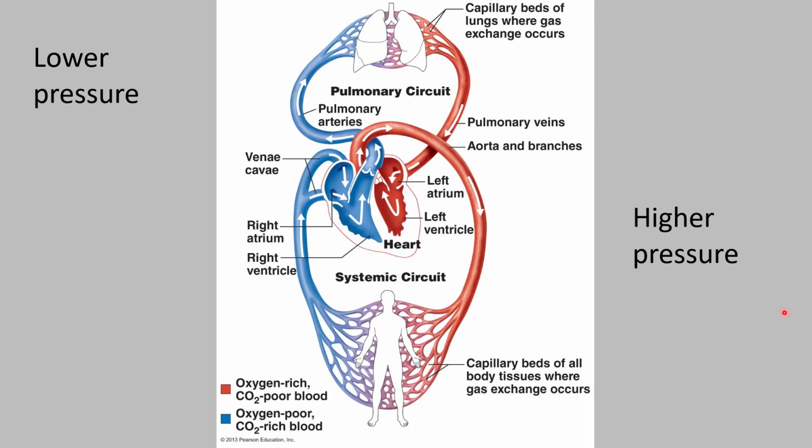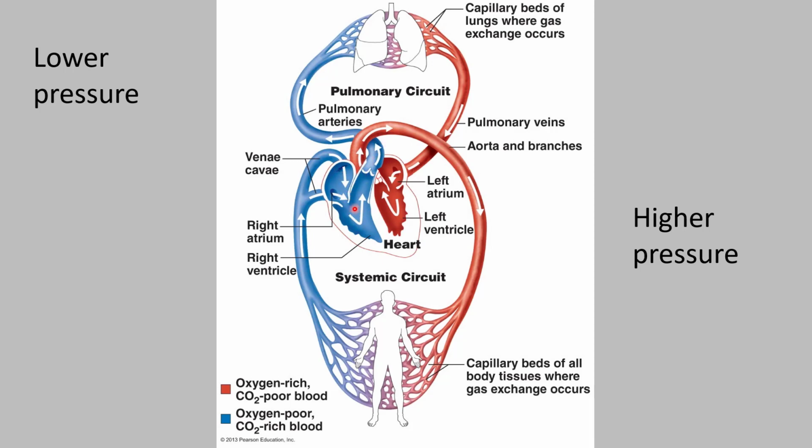So, first let's look at the pulmonary circuit. When we look at the pulmonary circuit, really we're most concerned with the right side of the heart, because the right side of the heart is what sends blood to the lungs. Now the right side of the heart, here in this image we can see, is blue, and most models and books use blue to represent blood that is low in oxygen, or we call it deoxygenated blood.